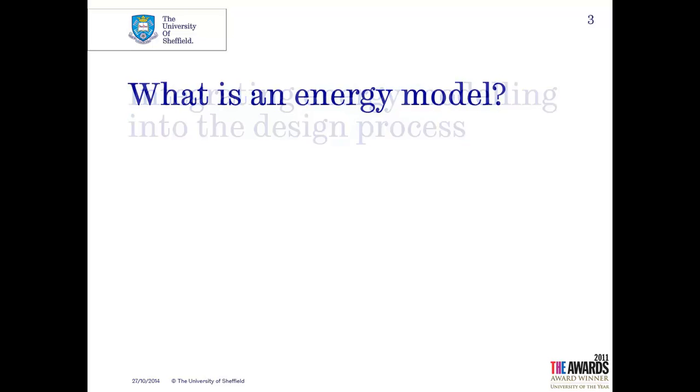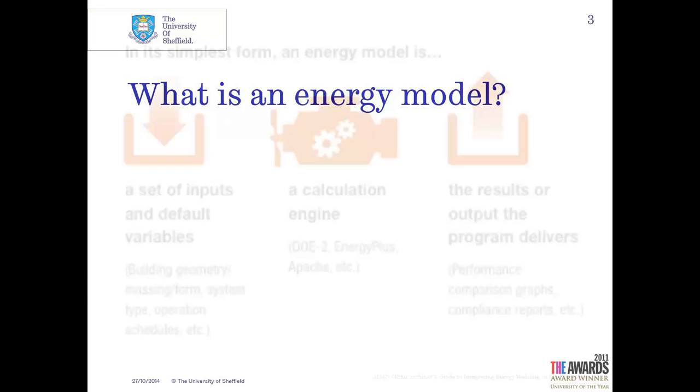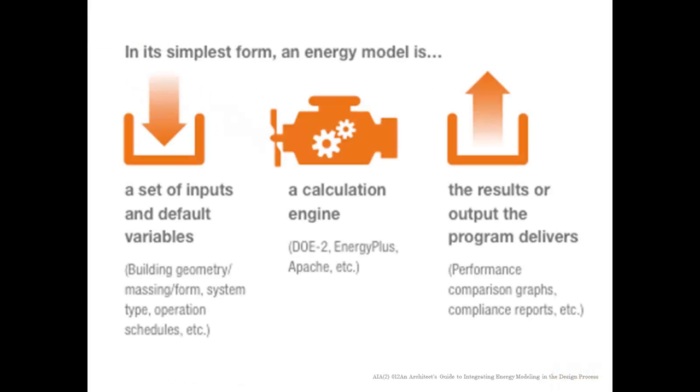Okay. So first of all, what is an energy model? And this is an AIA, American Institute of Architects slide, and they define an energy model in its simplest form as a set of inputs.